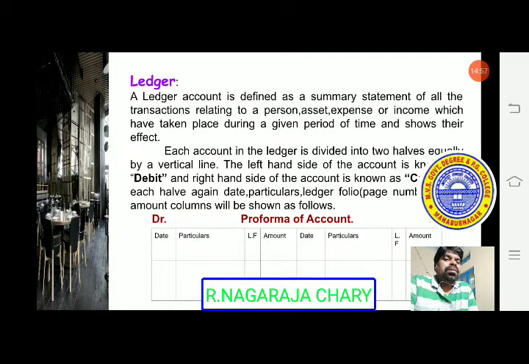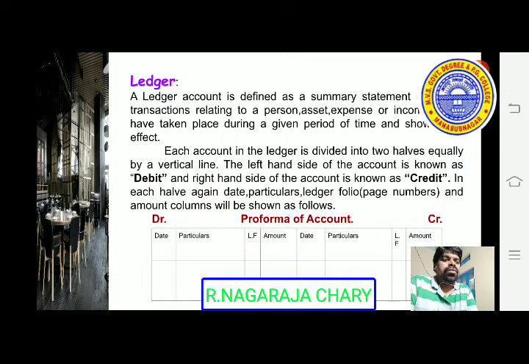Each account in the ledger is divided into two halves, parts equally by a vertical line. The left hand side of the account is known as debit, and the right hand side of the account is known as credit.